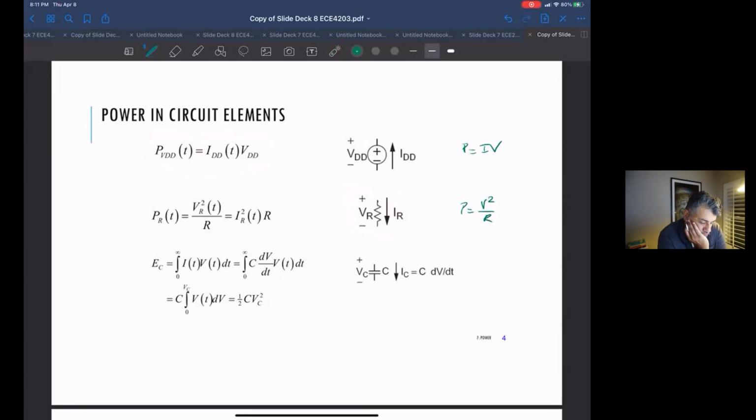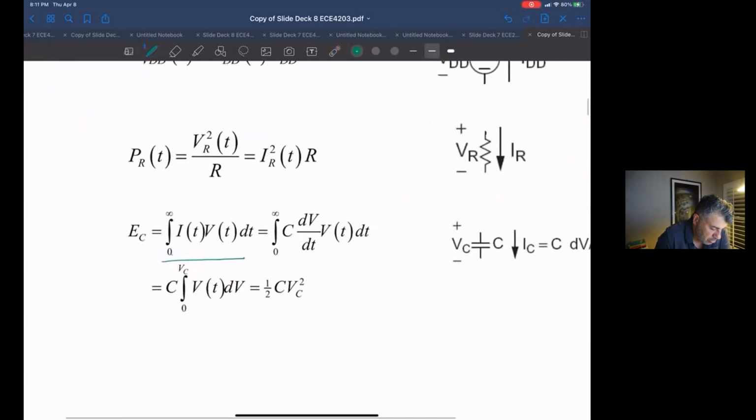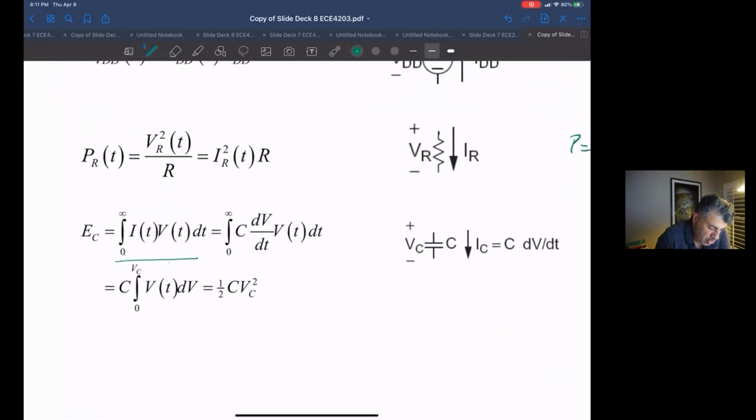Then a capacitor. Because there's no definition of power through a capacitor, you can figure out the energy to charge and discharge the capacitor. So you would look at how much energy it would take. So let's start with the total energy to charge this capacitor, for the sake of discussion.